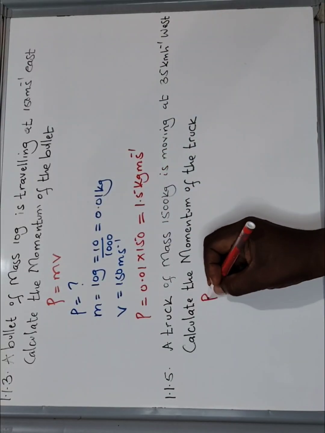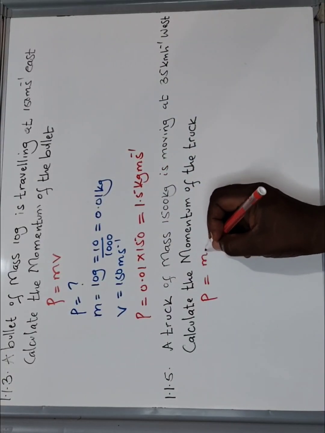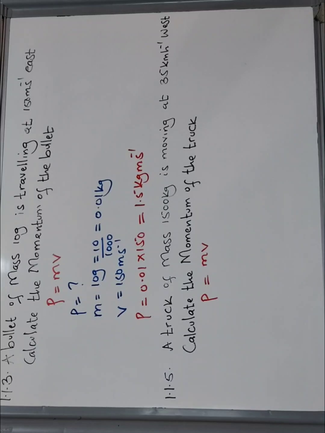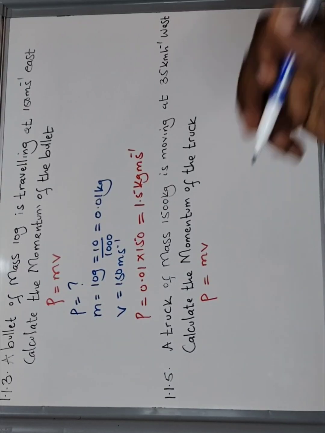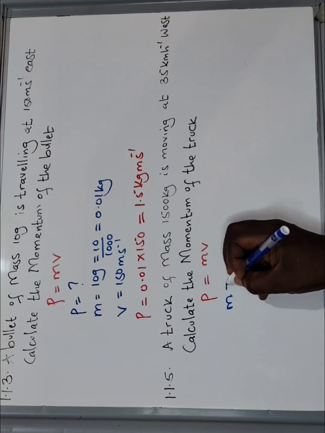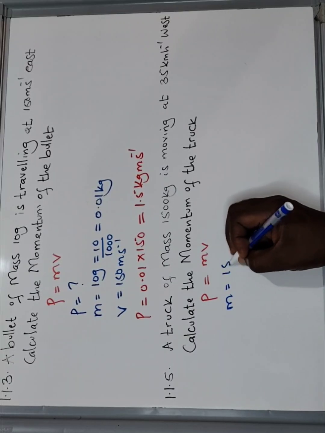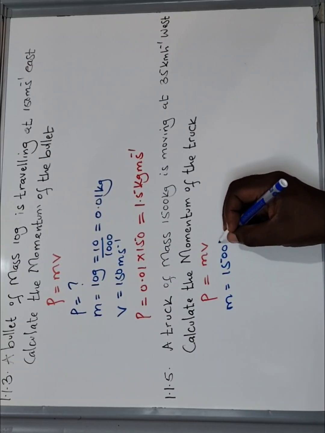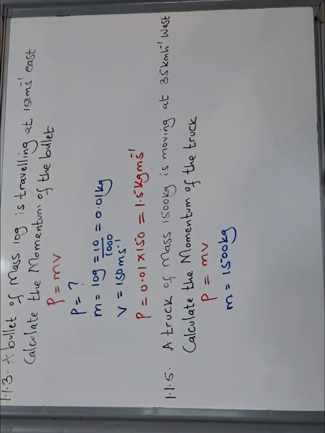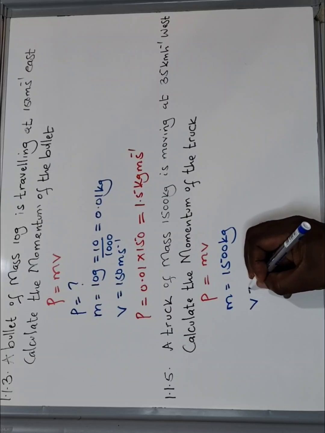We go for the same equation, P is equal to mv. And you check for the mass. Do you have the mass? Yes, we have it. The mass is 1,500 kilograms. Do we know velocity? Yes, we have it.